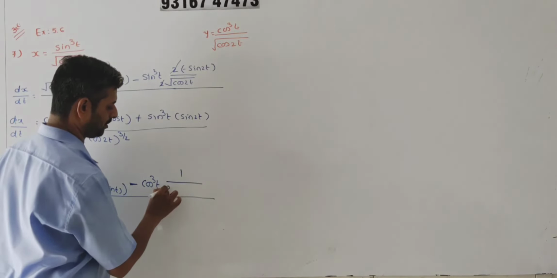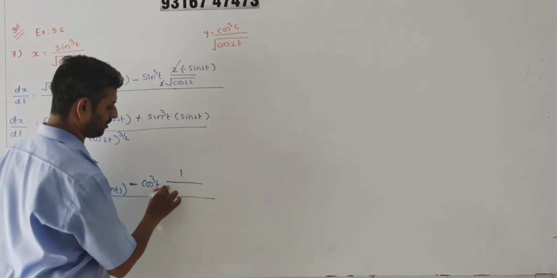Cos 2t derivation is minus sin 2t, and 2t derivation is 2. So this and this also cancel. So your final dy by dt is equal to, this is multiplied to this, that is cos 2t, minus is there.